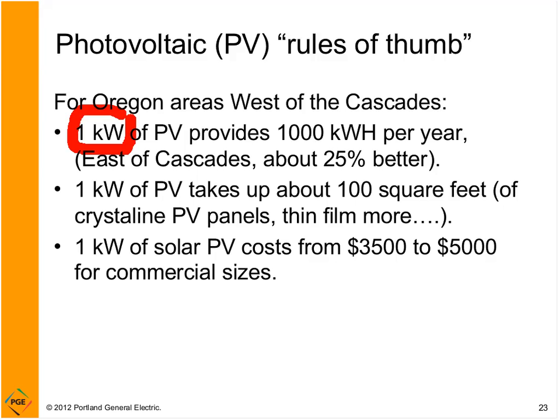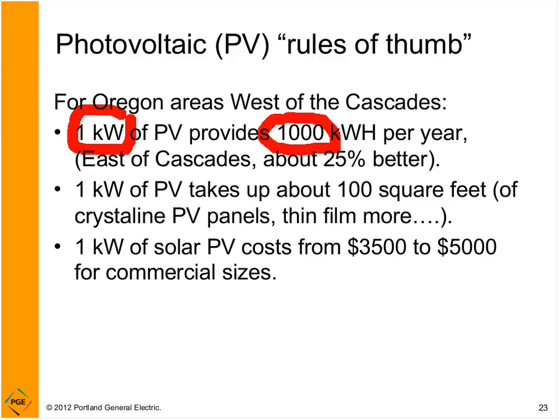So you may have, for example, 4 250 watt panels that are combined into an array that's 1 kilowatt worth of PV, or 1,000 watts of PV. That's going to generate 1,000 kilowatt hours over the course of a year. So those great days in the summer plus those not so great days in the winter, you add up all the output over the course of a year, that 1 kilowatt array is going to produce about 1,000 kilowatt hours.